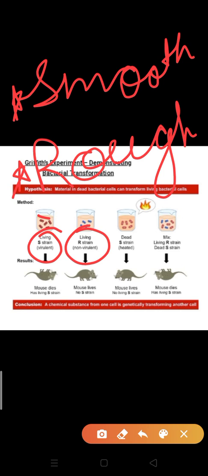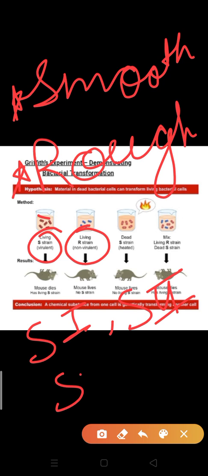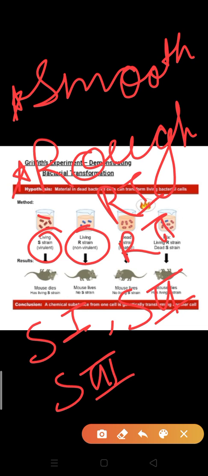The smooth type can be S1, S2, S3 strain and so on, and the rough one can be R1, R2. Why is it smooth? Because a capsule is present around the body. If a capsule is not present, it is known as the rough type.